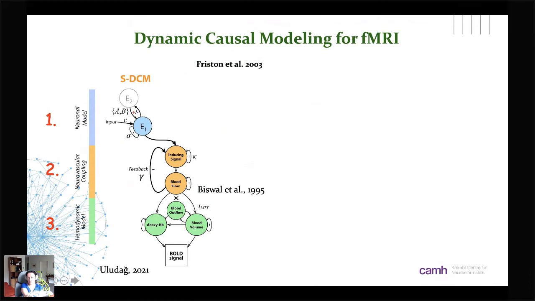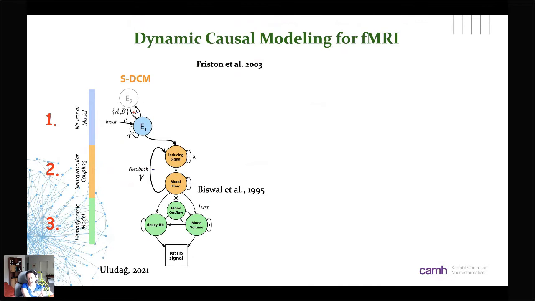Now, blood flow in the proposal of Friston et al. 2003 responds as a dampened harmonic oscillator. That is, you have this reciprocal feedback effect. So flow changes are caused by the inducing neural signal, and then blood flow in turn changes the inducing neural signal.